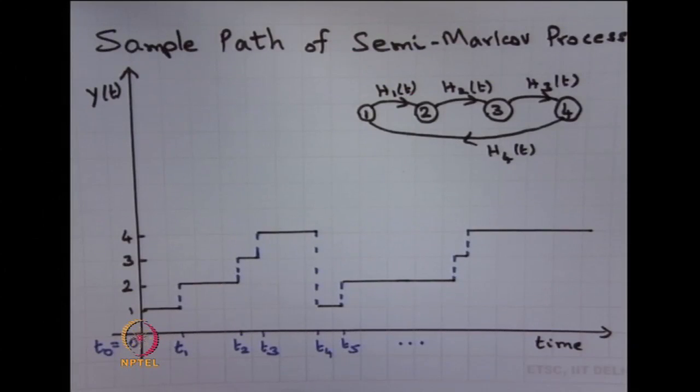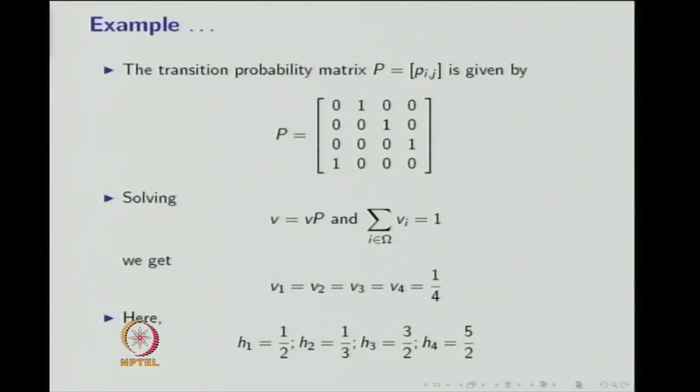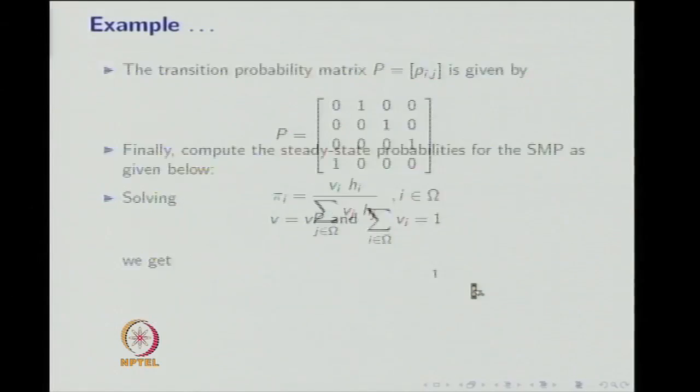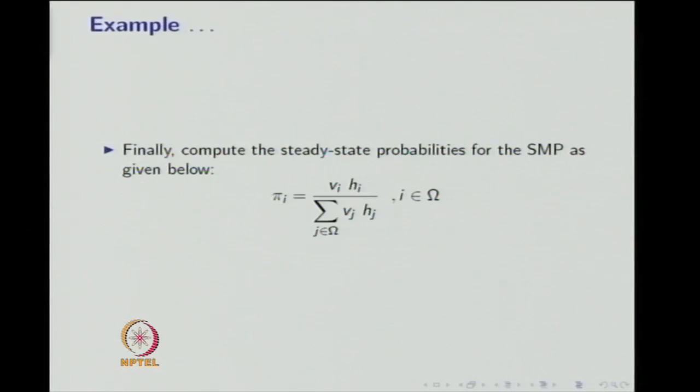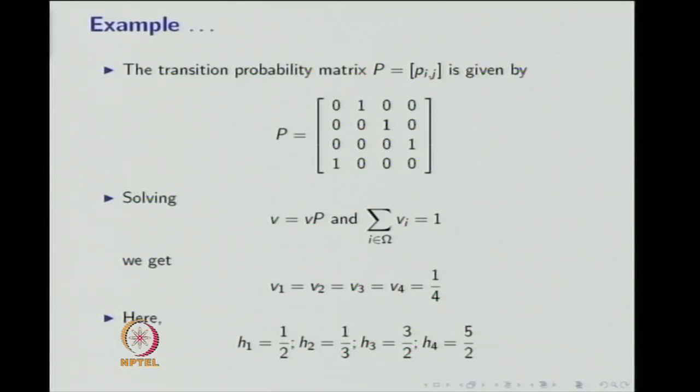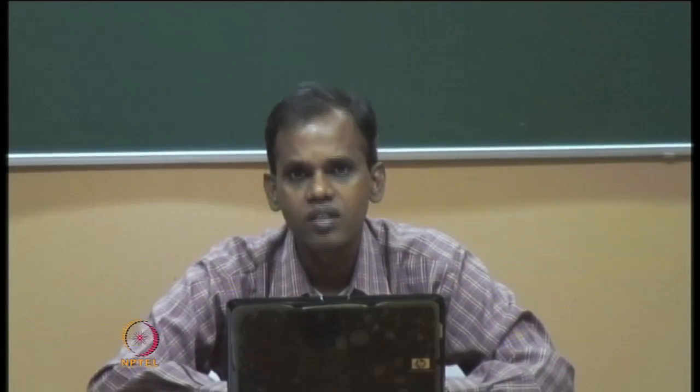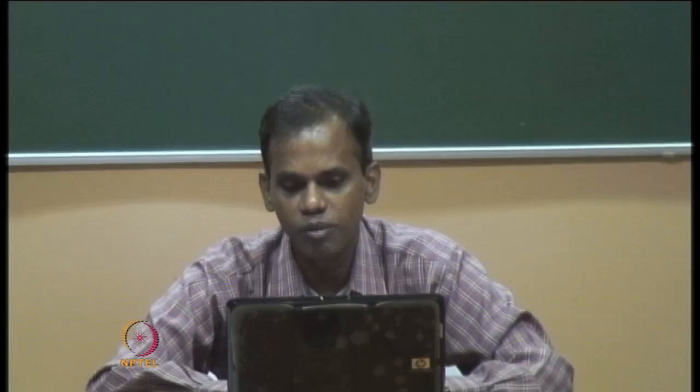So, using the steady state probabilities of the embedded Markov chain and the mean sojourn times, you can get the steady state probabilities of the semi-Markov process.